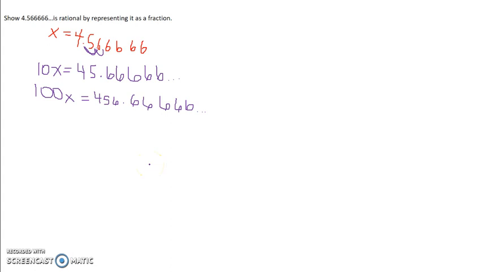Okay, now I have two equations. I'm going to subtract one equation from the other. I'm going to take 100x and subtract from that 10x.